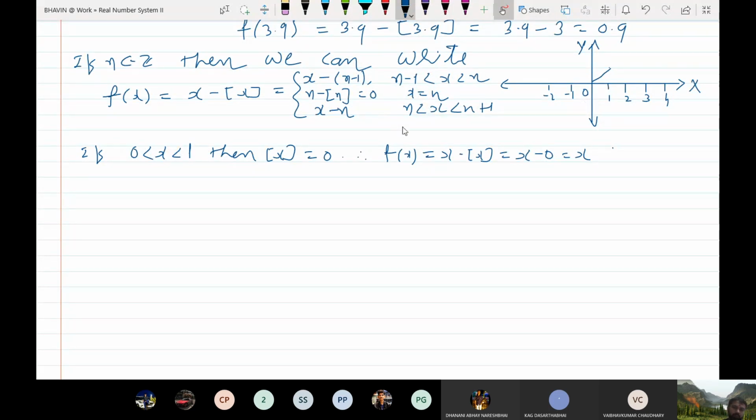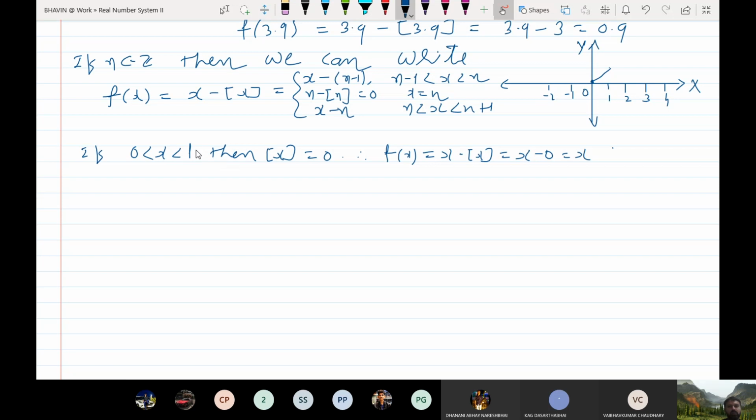0 is included. If x equal to 0, then it is 0. So this point is included, but this is excluded. If x equal to 1, then the function has value 0.